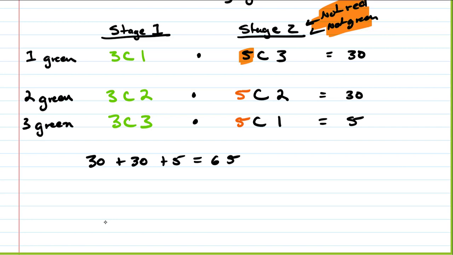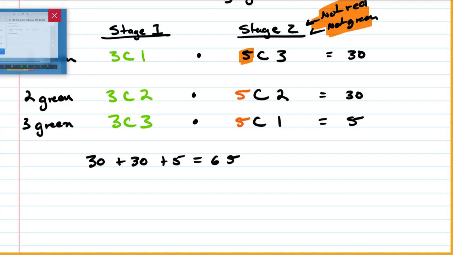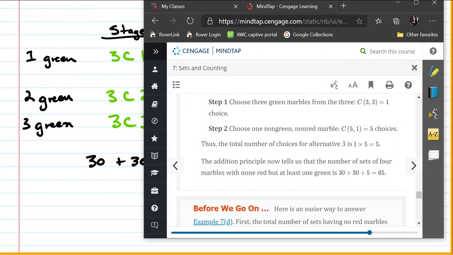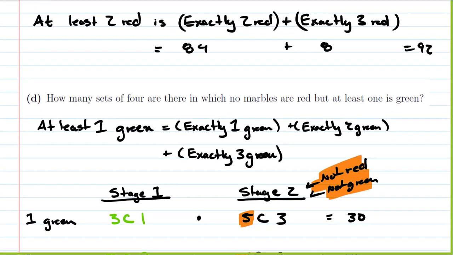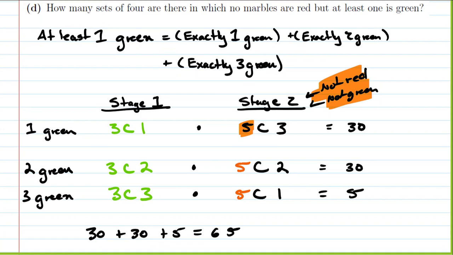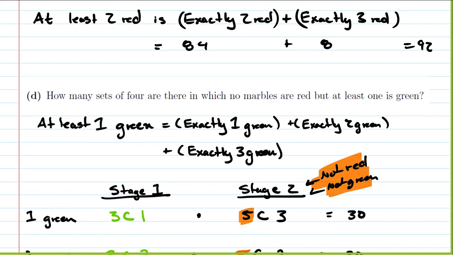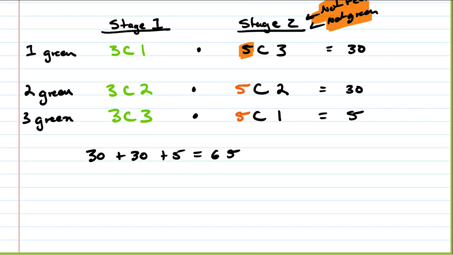So, a couple of things we really should mention here. There was a more efficient way of doing this. And what I mean by that is, we enumerated our set at least one green, said exactly one green, exactly two green, or exactly 3 green, right? Well, what is the complement of at least one green?